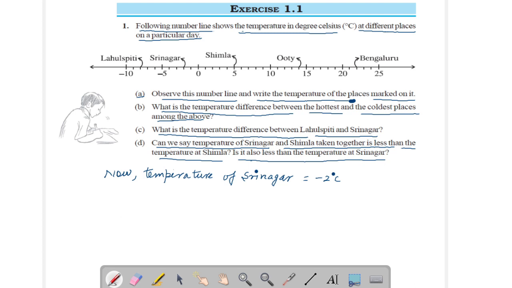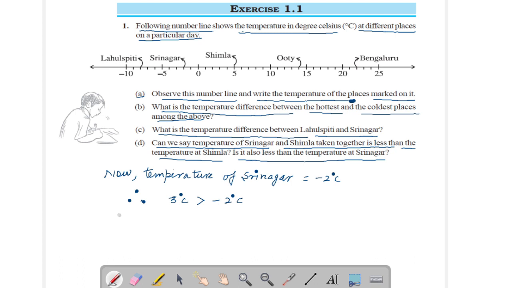Therefore, 3 degrees Celsius is greater than minus 2 degrees Celsius.